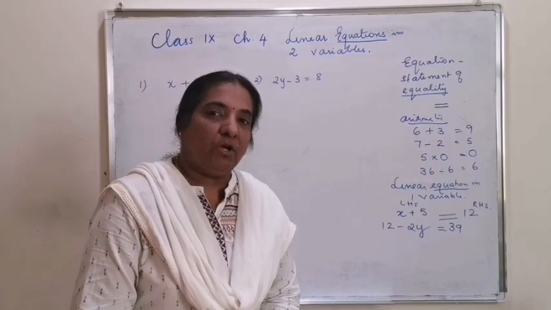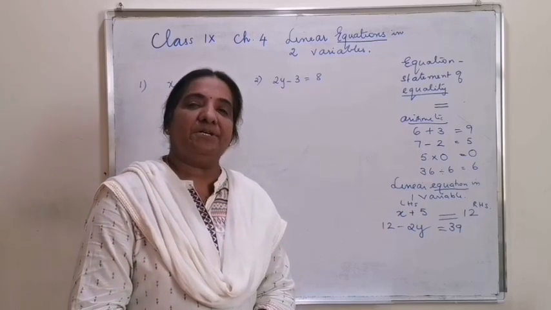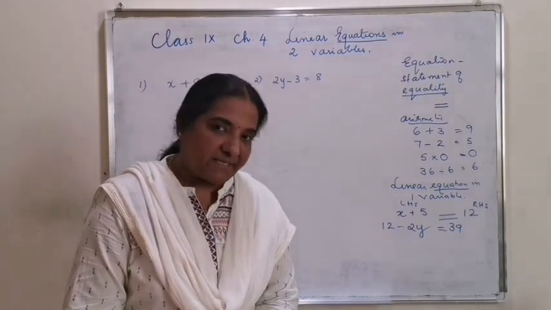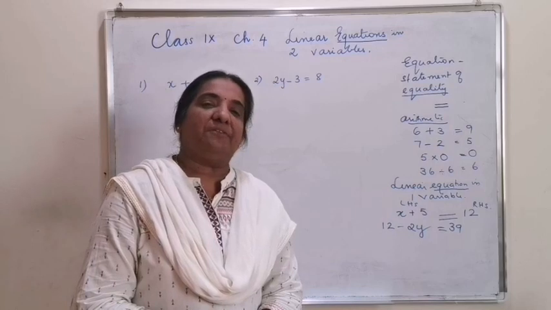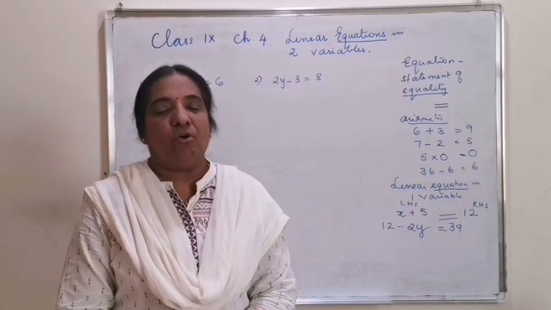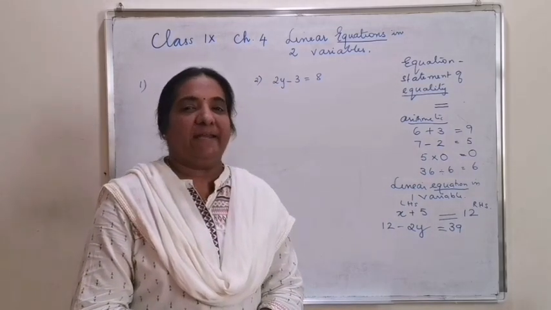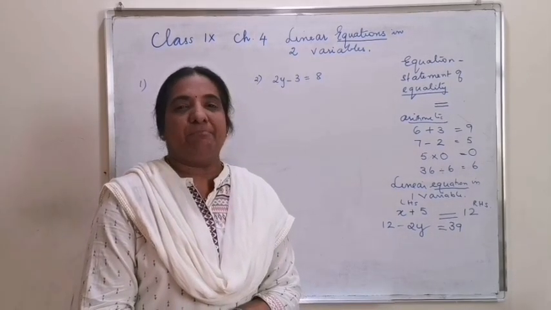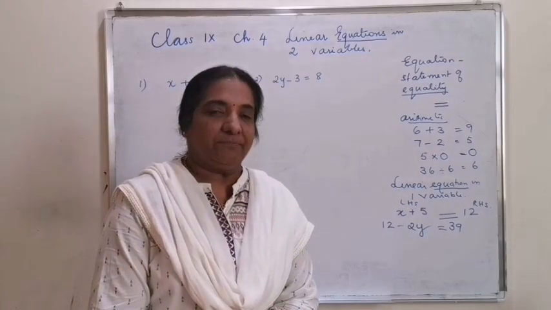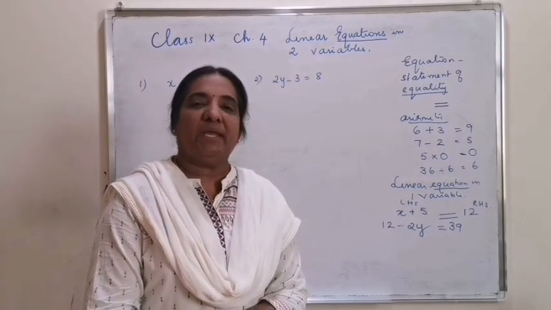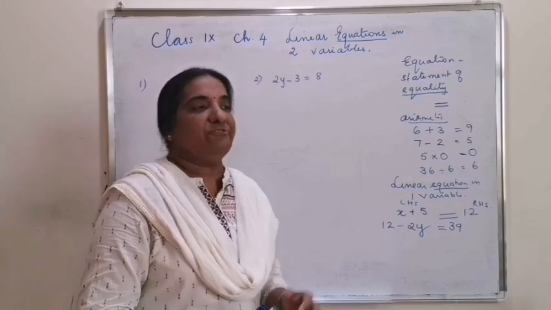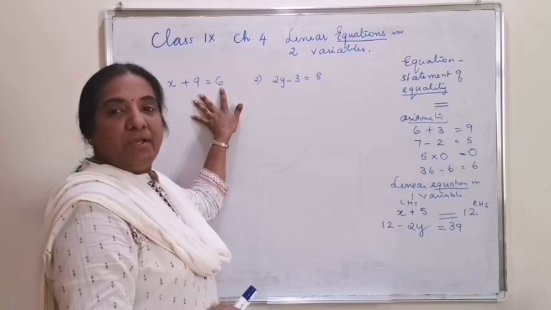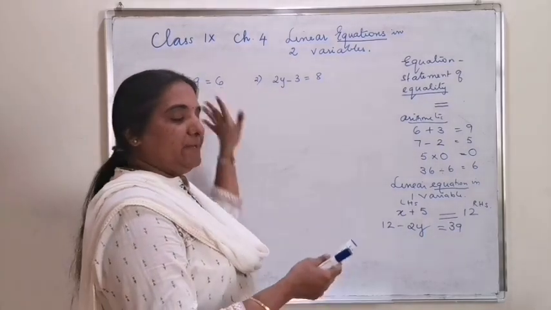There, the rule of transposing the numbers to the other side, or adding or subtracting the same numbers to the left hand side and right hand side, or multiplying or dividing the left hand side and right hand side of an equation with the same number, you have been taught. Let us see how to get the number which, when added to 9, gives you an answer of 6.